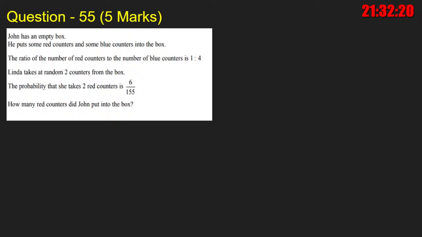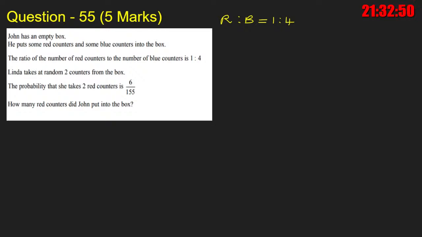Right. So the first question today is: John has an empty box. He put some red counters and some blue counters into the box. The ratio of the number of red counters to the number of blue counters is given as 1:4.